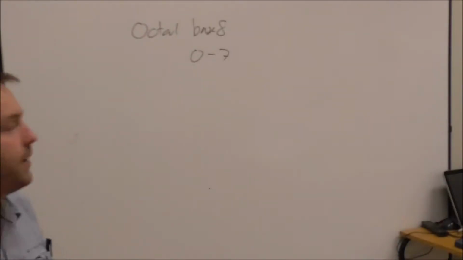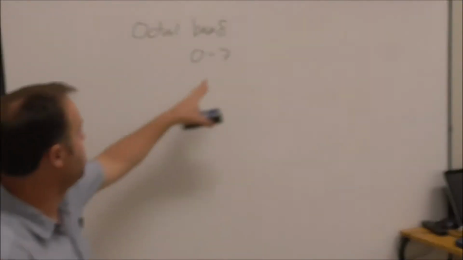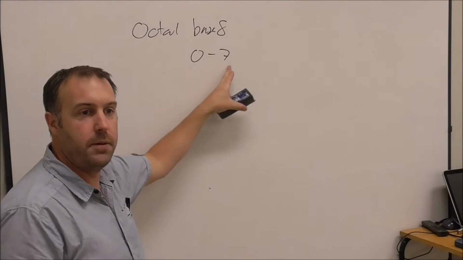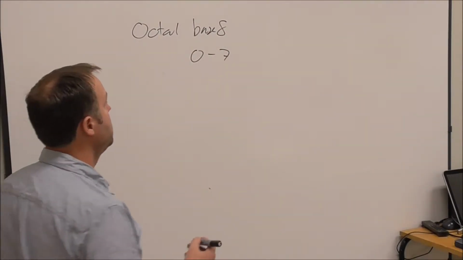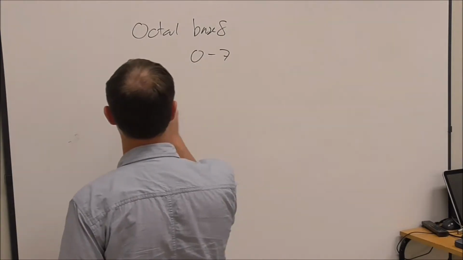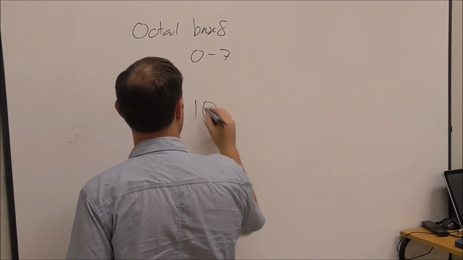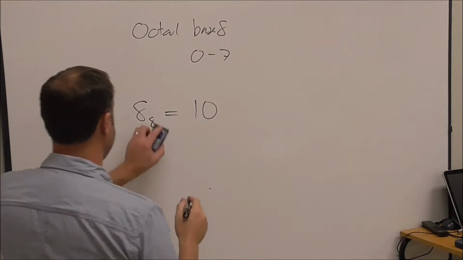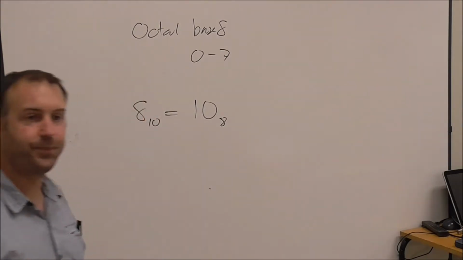It's very similar to decimal in that once you get to 7, you clock over back to 0. So the number 8 in base 8 is 1, 0. 8 in base 10 is 1, 0 in base 8.